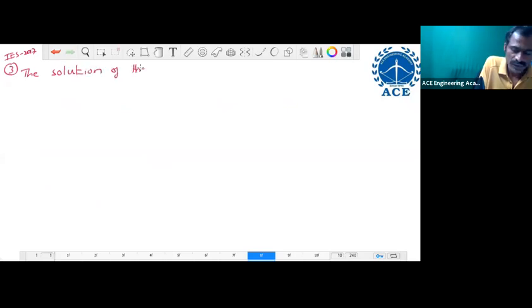The solution of the following partial differential equation: ∂²u/∂x² = 9 ∂²u/∂y². Option A, sin(3x − y).